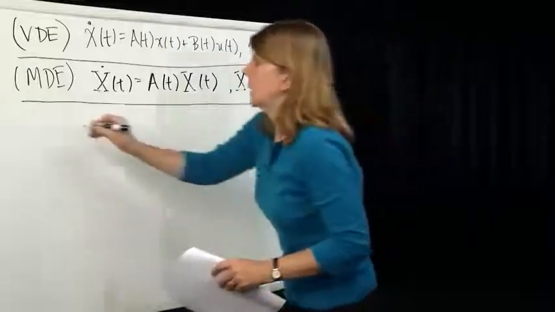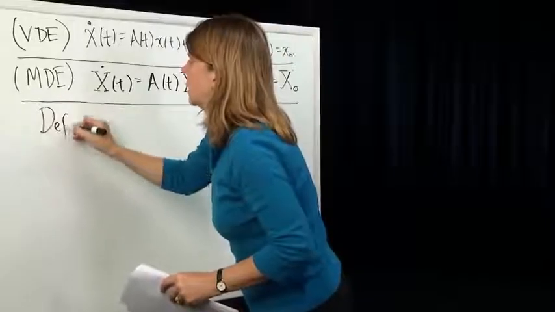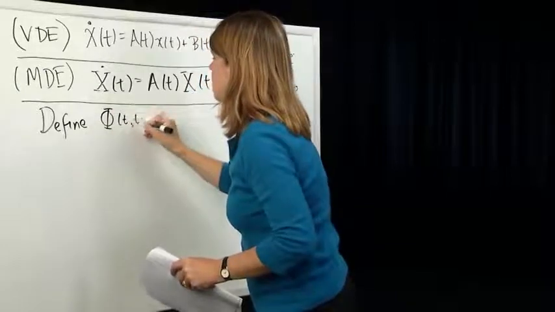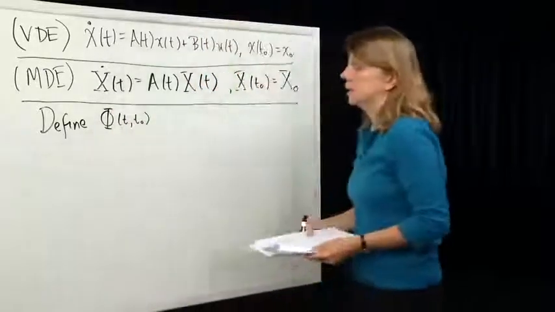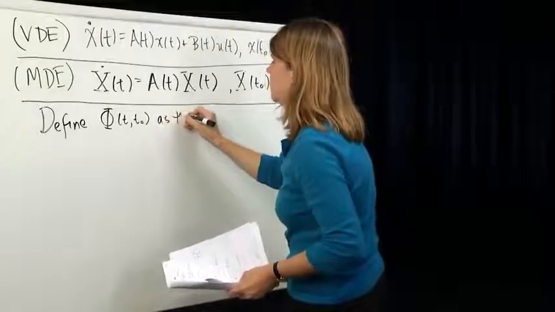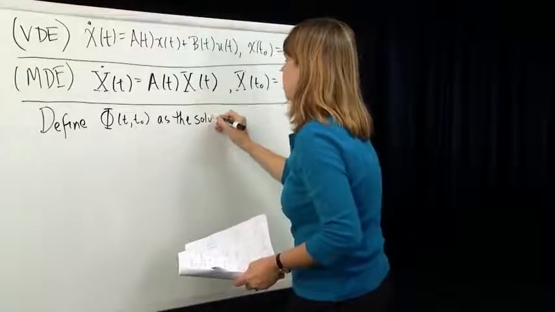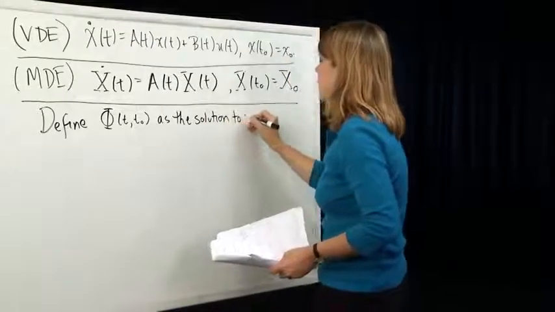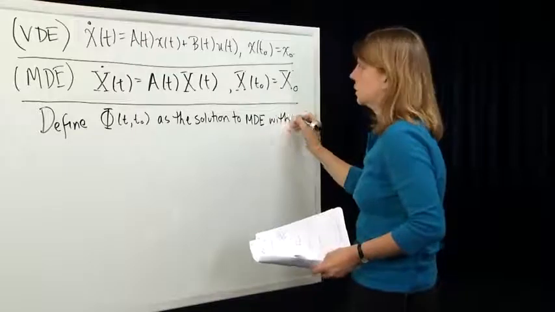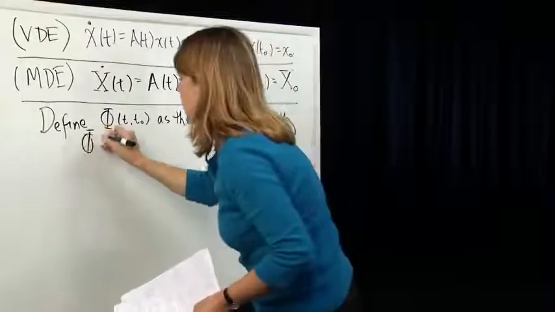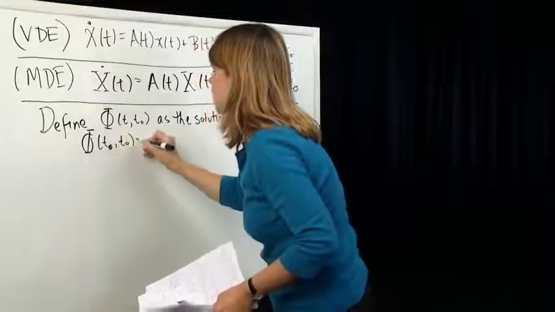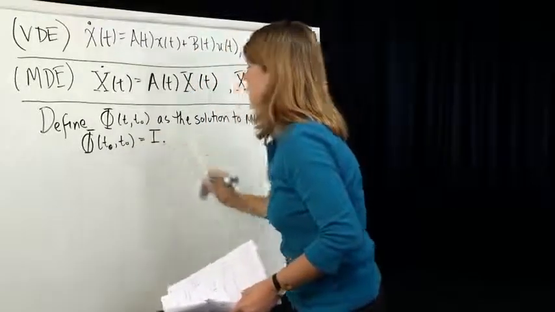Okay, so our next step, we're going to define a matrix, and I'm going to call it phi of t, t0. That is defined to be the solution to the matrix differential equation above with the initial condition phi at t0, comma t0, to be the identity matrix.